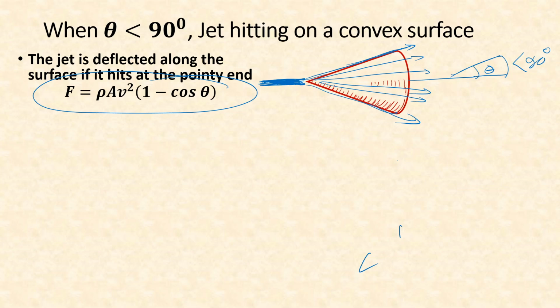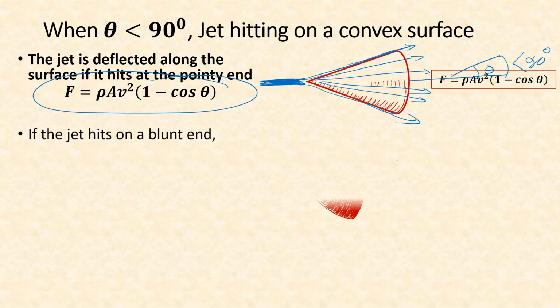But the problem is, what will happen if the plate is not pointy? It means it has a blunt end. So such a plate will be like this. So in this plate, what will happen is that after hitting this surface, suppose at this point, if you observe carefully, there may be two cases.